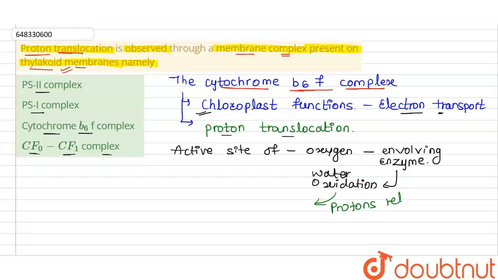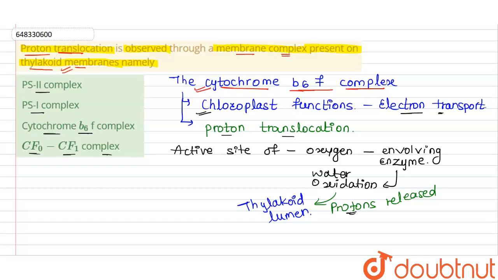So we will write that protons are going to be released, and these protons released during water oxidation are released into the thylakoid lumen. So in the thylakoid lumen, these protons will get released. Understand? This process is performed by the cytochrome B6F complex too.